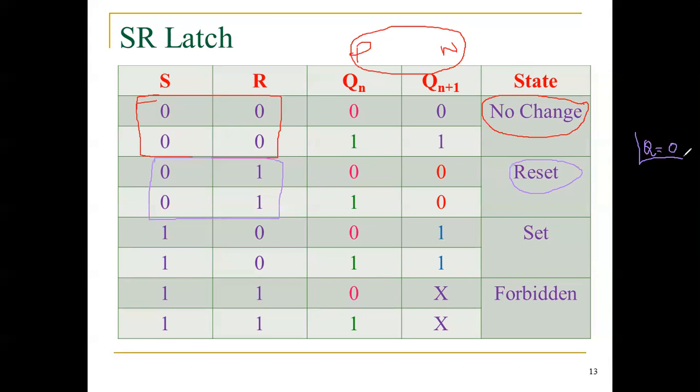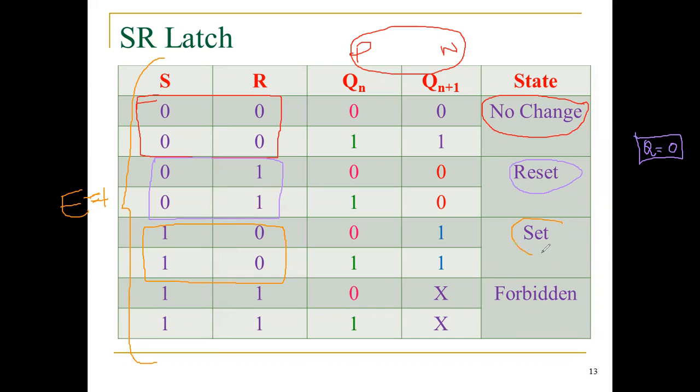So we call this a resetting operation. Then in my third case, or third operation, what will happen? I assumed that my S input equal to 1, R input equal to 0, along with E equal to 1. These are all only possible when enable input is equal to 1. This is a very important thing.